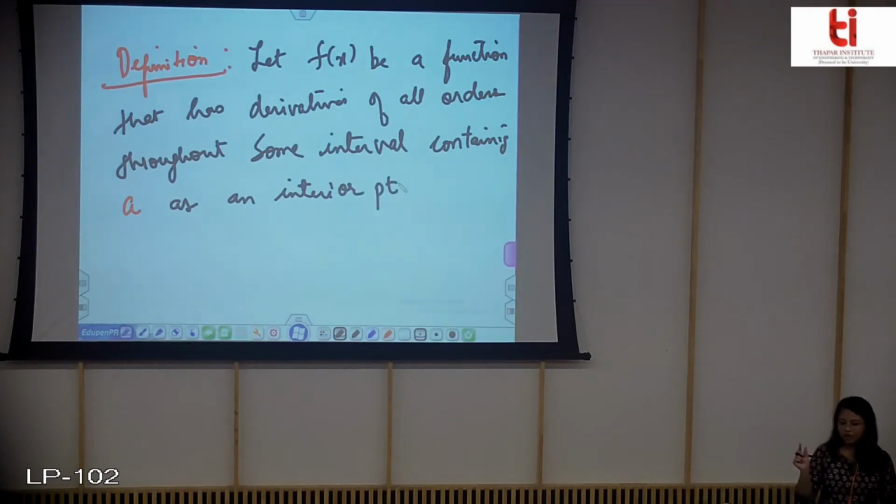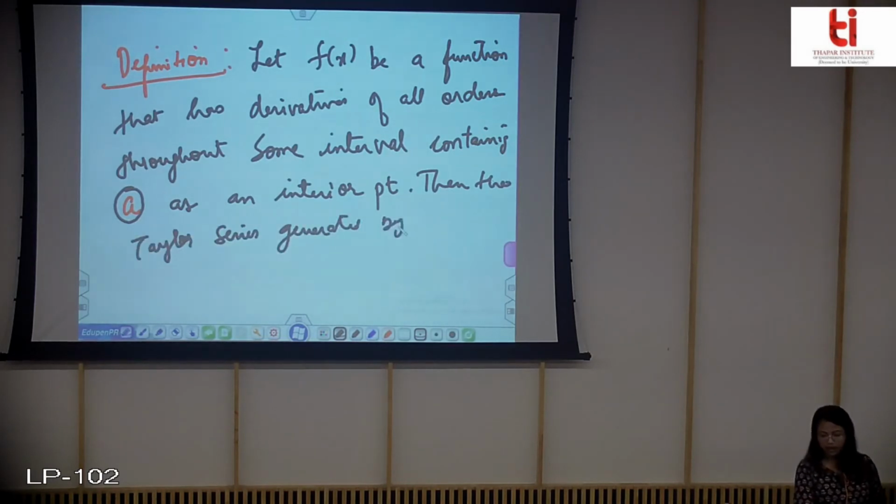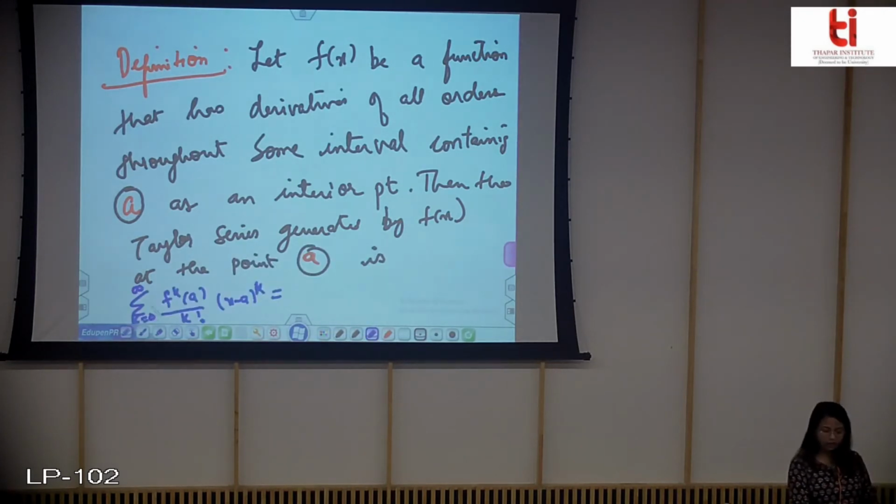Like you have a function f(x) and it has derivatives of all order in some interval containing this a as an interior point. Then the Taylor series generated by f(x) at the point a is, this is k going from 0 to infinity, so your Taylor series will be this.